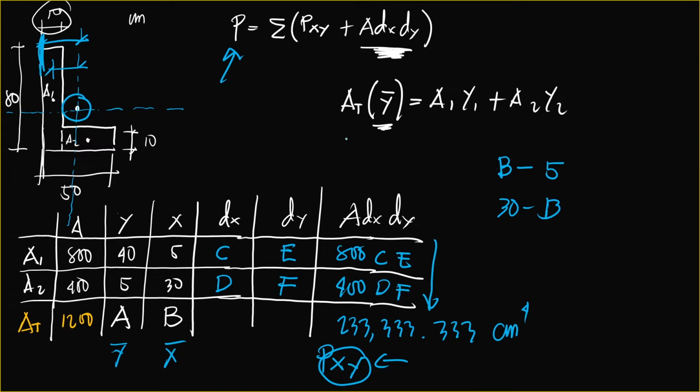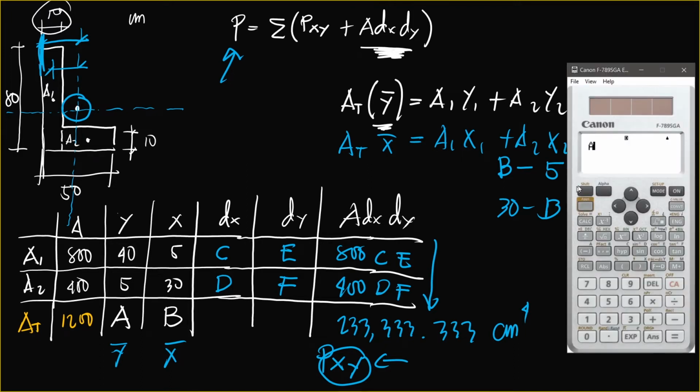The x bar is equal to A1 X1 plus A2 X2 over the total area. This is the formula we use to determine the values. The numerical value of A is 85 over 3, which is 28.333. Then B is 13.333.